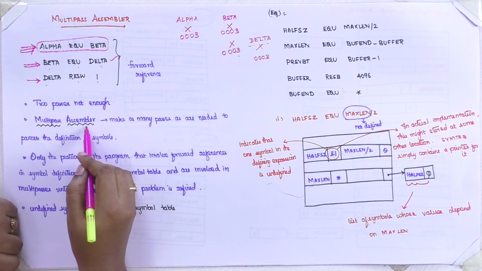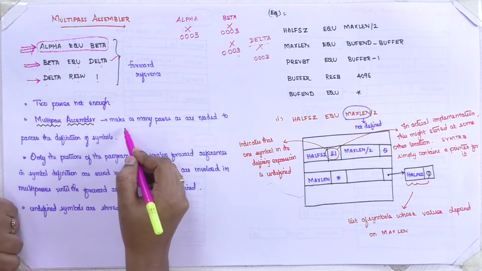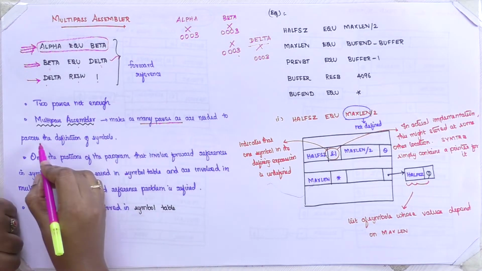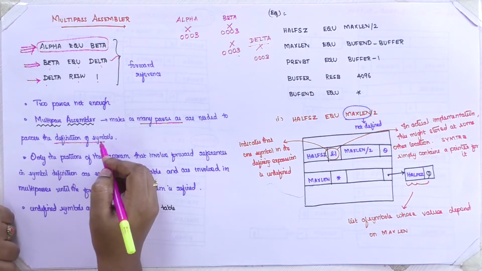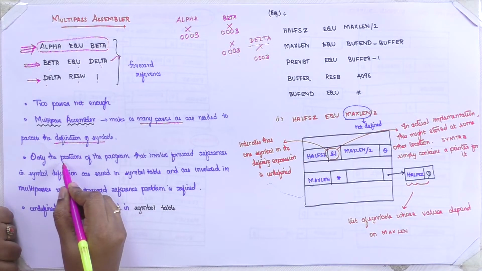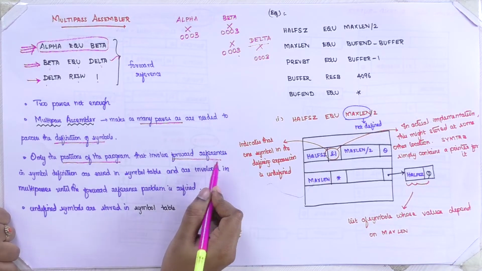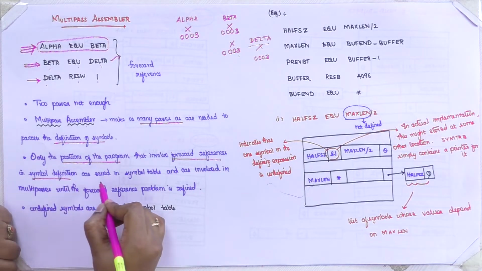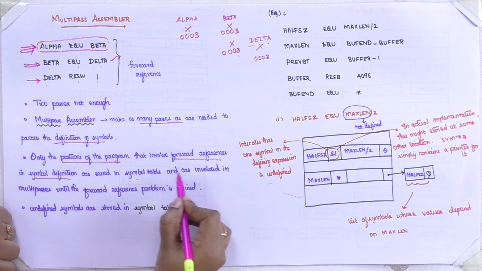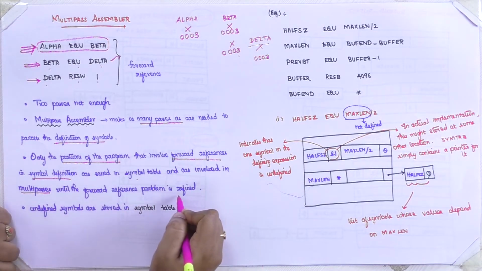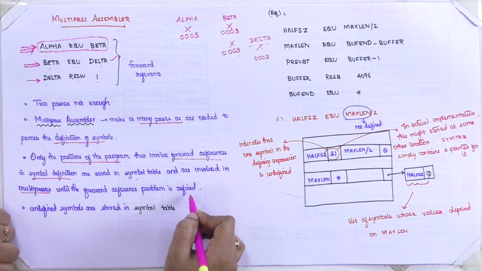So multi-pass assembler is an assembler which makes as many passes as are needed to process the definition of symbols. So only the portions of the program that involve forward references in symbol definition are saved in the symbol table and are involved in multiple passes until the forward reference problem is resolved.